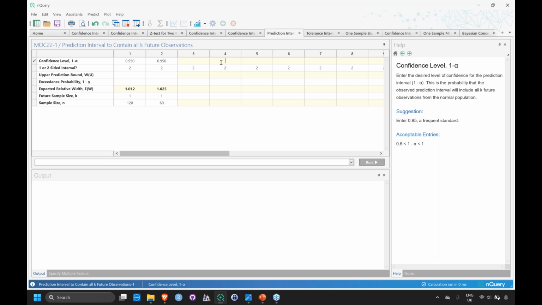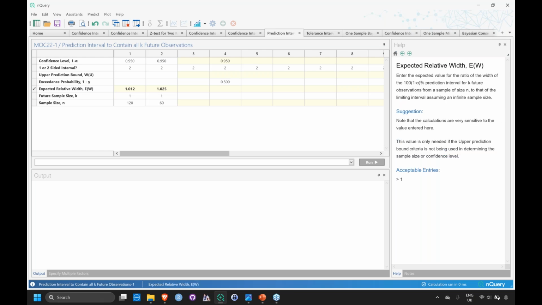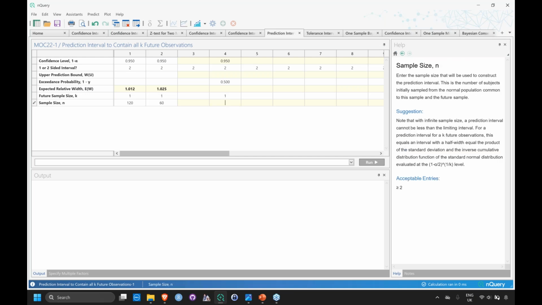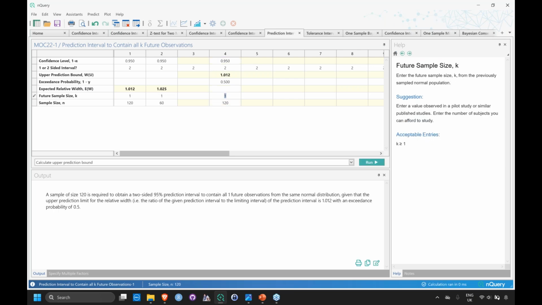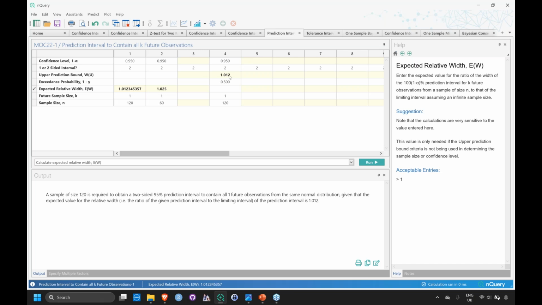Enter in the same confidence level, two-sided, an exceedance probability of 0.5, and keep the same future and sample size. Then we see we get an upper prediction bound that's very, very similar, not exactly the same, to the expected relative width.